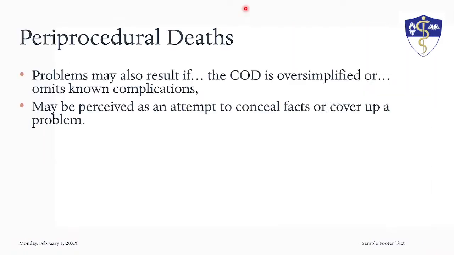Problems may occur if the COD is oversimplified or omits known complications. They think that you are in cahoots with the surgeon or anesthesiologist that they want to sue. Okay, there's always the anger stage in the 5 stages of grief.